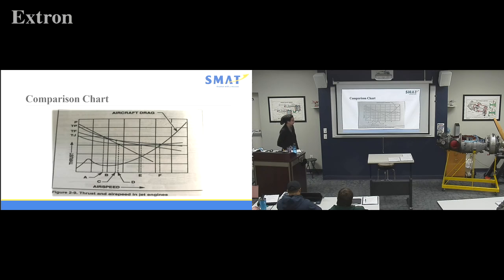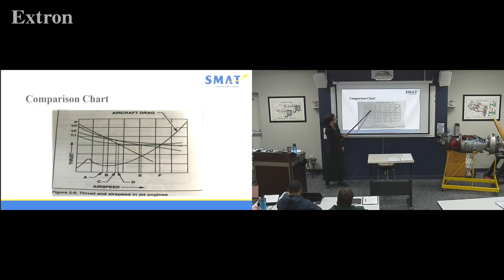And this is just a chart to compare piston engine, turboprop, turbofan, turbojet, and here we have our thrust, over here increasing airspeed. So as airspeed increases, piston engine falls off, boom, not good.